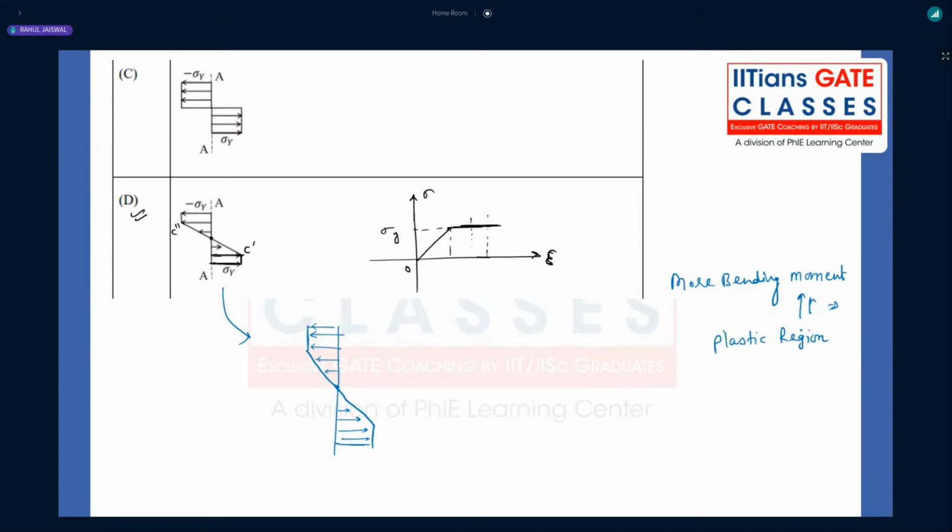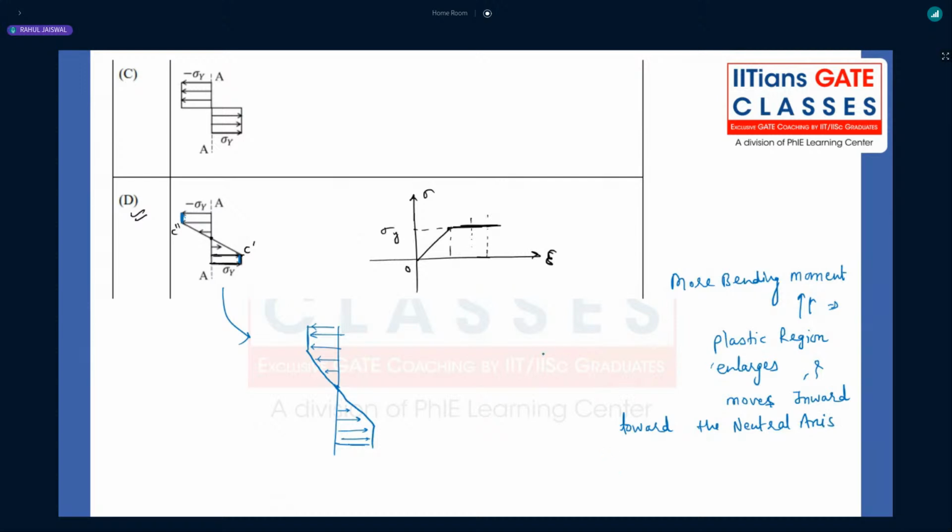Whatever the plastic region there is, this constant vertical line, this plastic region enlarges and keeps on moving inward toward the neutral axis, until the condition shown in the figure is reached.